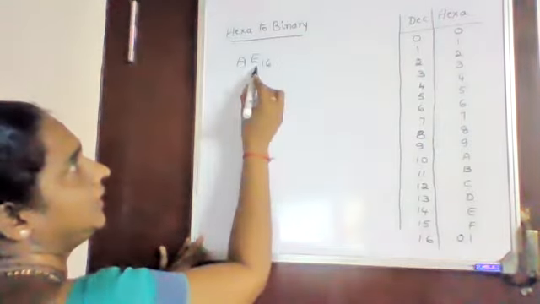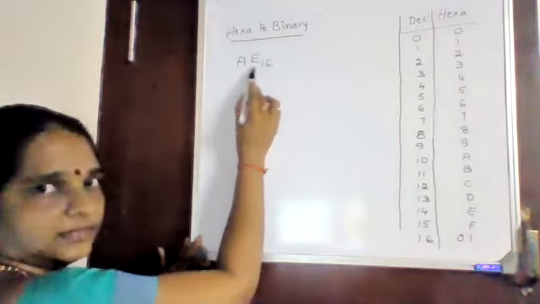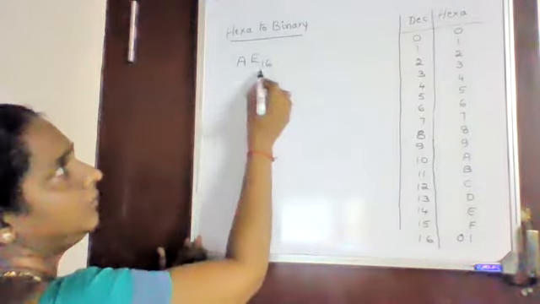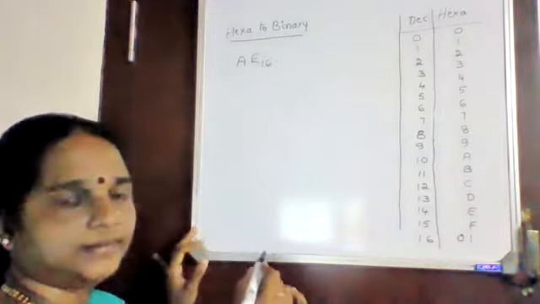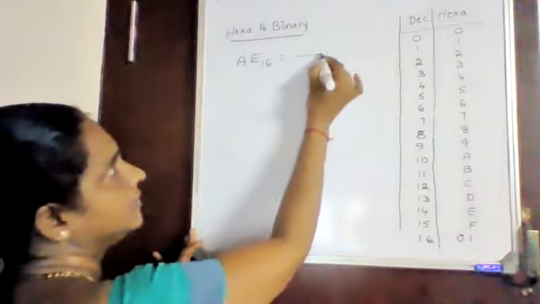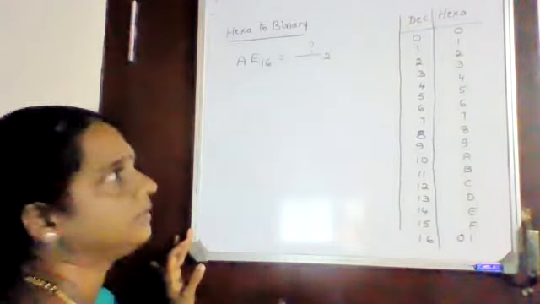So A, E is one number. A is nothing but 10, E is nothing but 14. Now we need to convert this to binary, that is base 2. This is very simple.